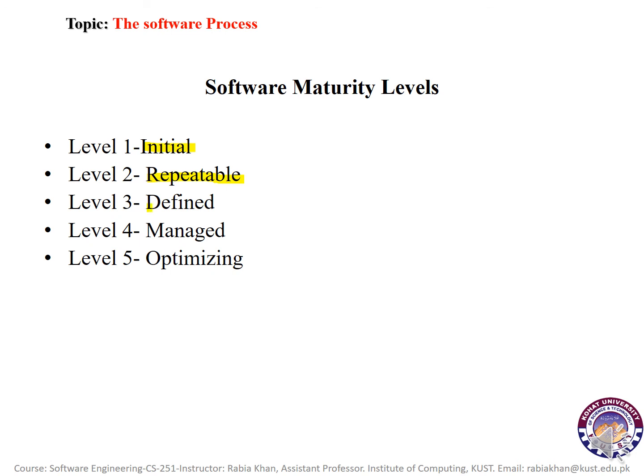Third level is known as defined. Here the software process is properly documented. Now you have to define the software process. What are the steps within the software process that you need to follow for different projects? So proper software process is documented.